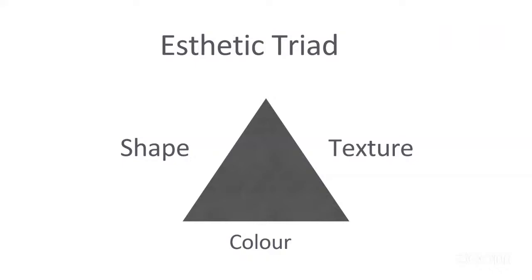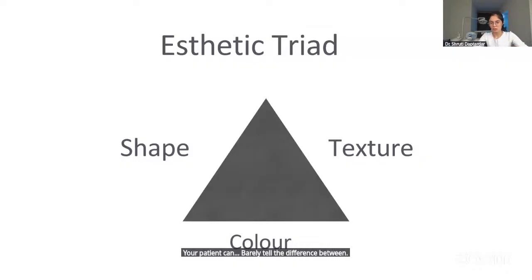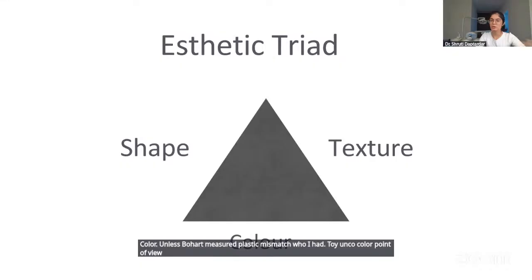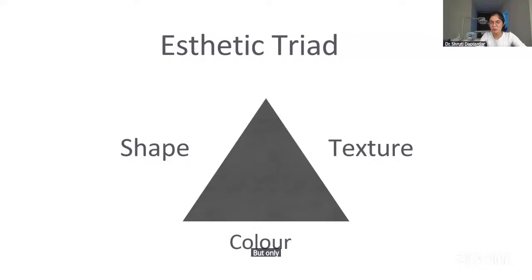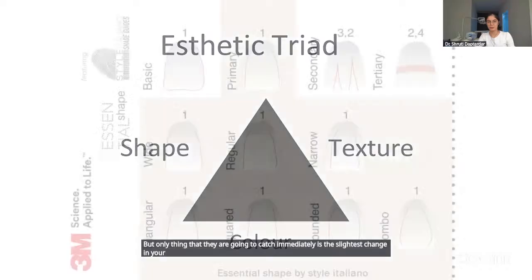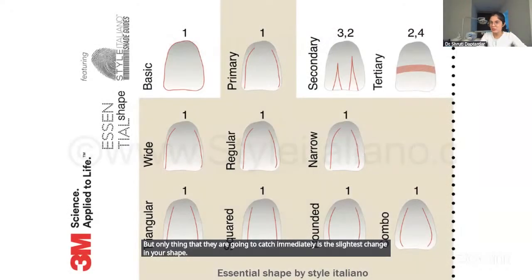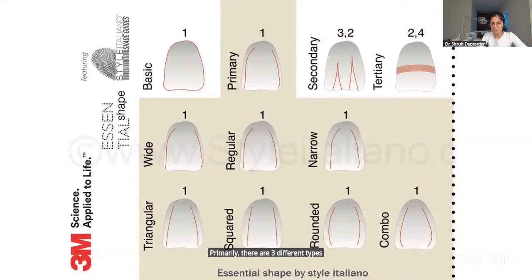Your patient can barely tell the difference in color unless there is a very major, drastic mismatch, only then do they get an idea from a color point of view that something is off. Texture, not so much, but the only thing that they are going to catch immediately is the slightest change in your shape. Primarily, there are three different types of shapes: triangular, square, rounded, and a combination of all of these.